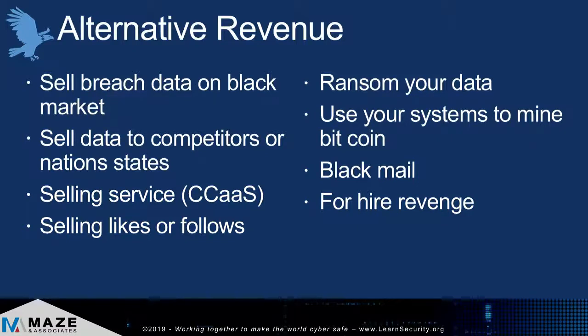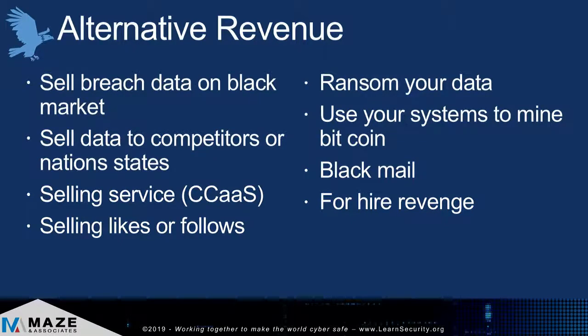The other thing they can do is use your system to mine for Bitcoins. They can break into your system and have it use its clock and CPU power to make money, basically mining for Bitcoins. The other thing they can do is blackmail, which is kind of like ransomware, but usually different. They break into your system, or they send you a fake email saying they have compromising information about you, and if you don't pay them, they're going to release the information.